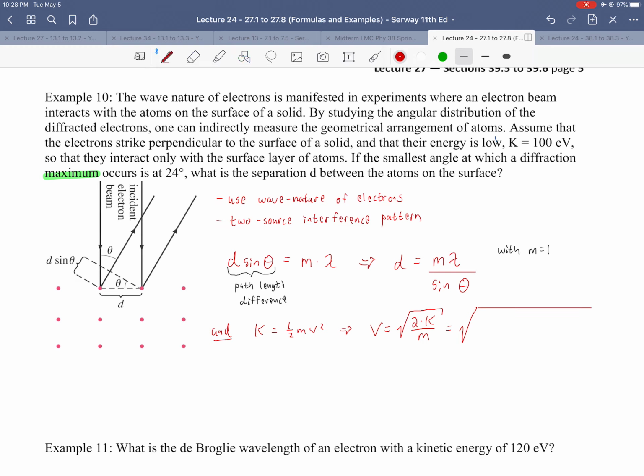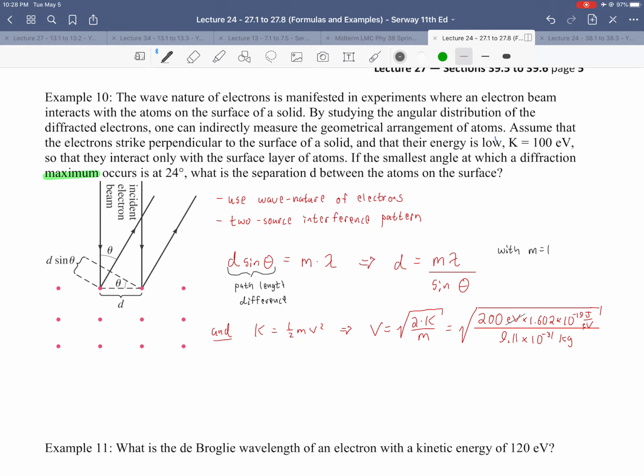That's 200 electron volts times 1.602 times 10 to the negative 19 joules per electron volt, our conversion, divided by the mass of an electron, 9.11 times 10 to the negative 31 kilograms.